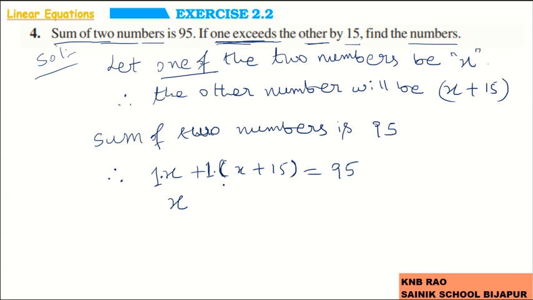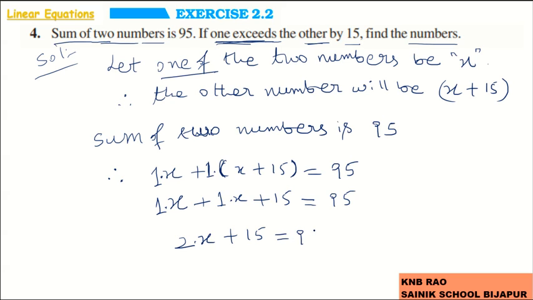So, plus 1 into x is plus 1x, plus 1 into plus 15 is plus 15. So, 1x plus 1x gives you 2x plus 15. This 1x and 1x are like terms, so we added them. So, on the left hand side we have got 2x plus 15 and on the right hand side we have 95.